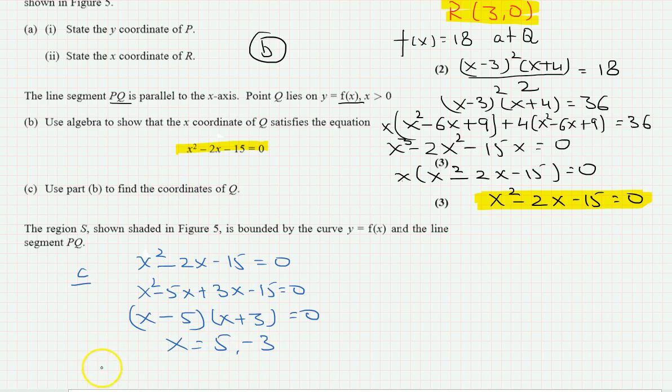So the coordinate of Q will be, x is positive, so that will be (5, 18).